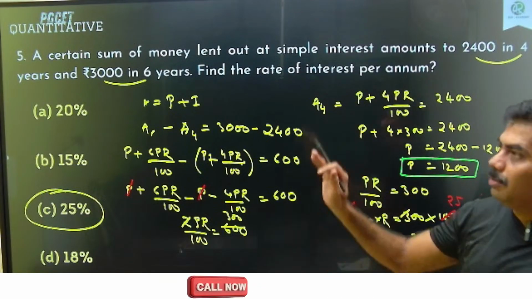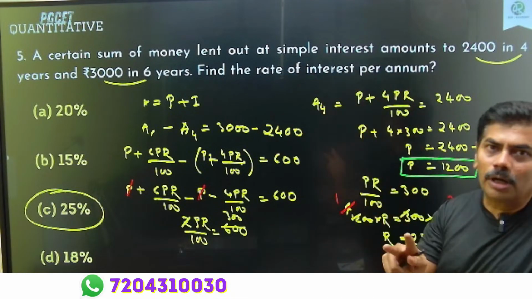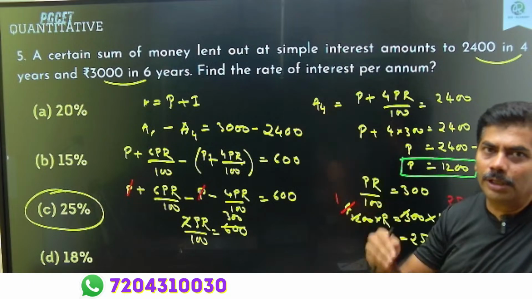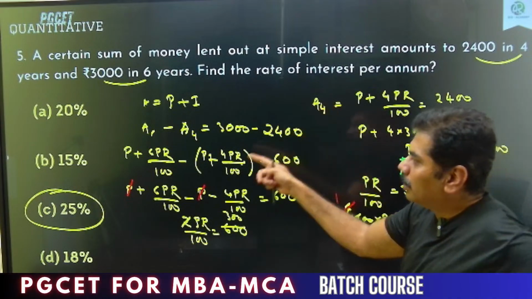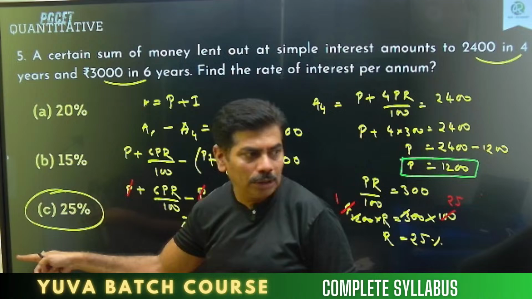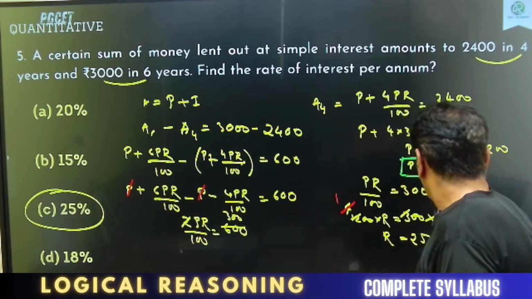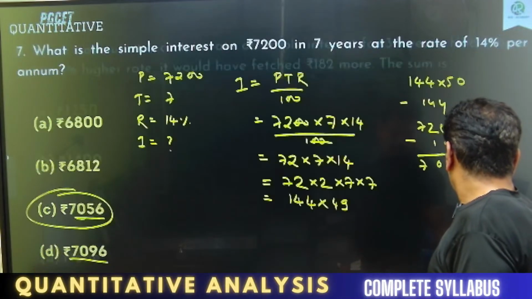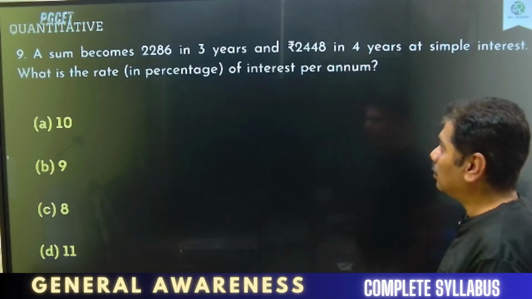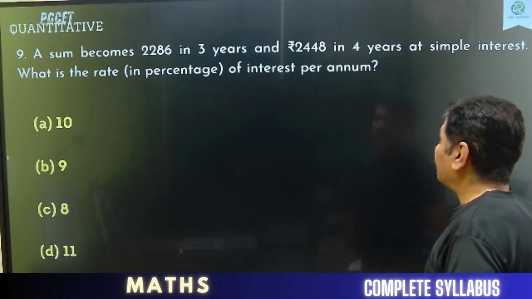Same idea, they have given you two different amounts at the end of two different years and you are asked to calculate the rate of interest. I'll just keep it for you. If you did not understand anything, you are free to comment.